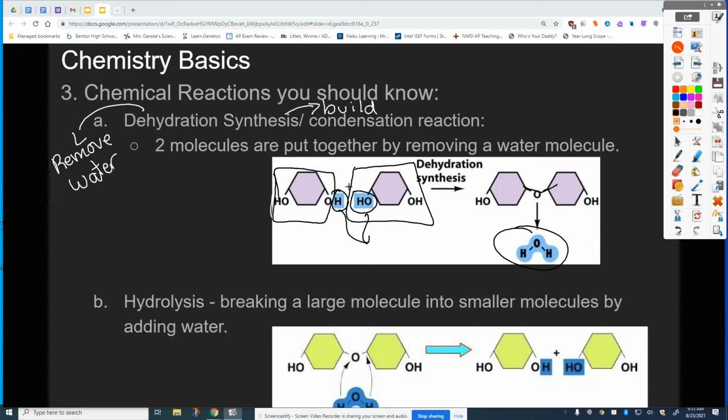Okay, so let's see if you can do this. Here's my 6 molecules, and I want you to connect them using dehydration synthesis. Don't say it out loud, but how many molecules of water are you going to get when you do that?